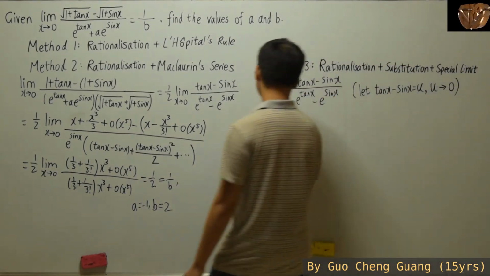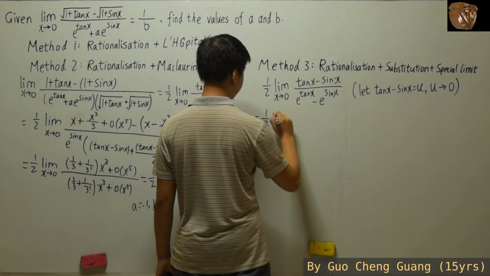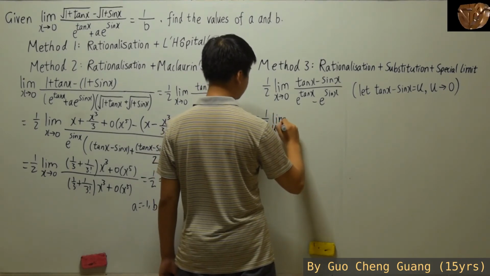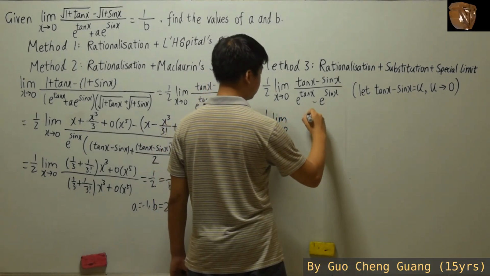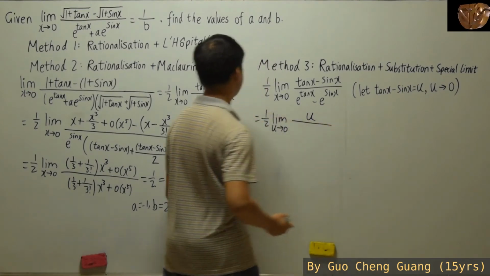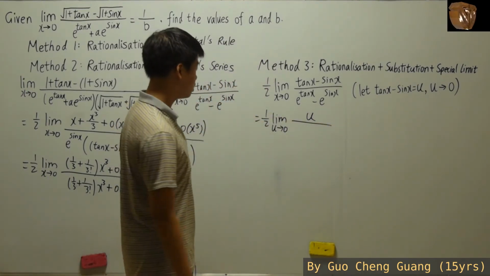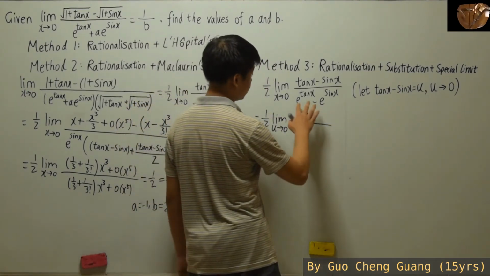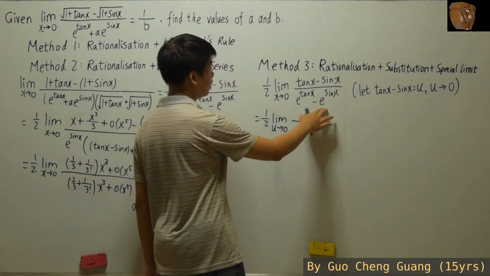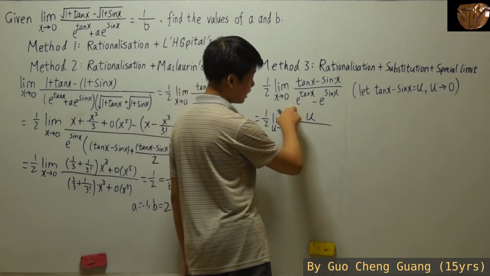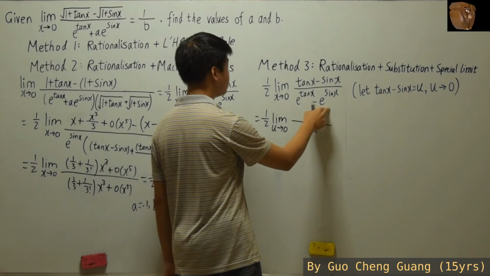Alright? So there's going to be half, limit u approaches 0. The numerator becomes u, but what happens to the denominator? So the denominator, originally you have this part, but then I can take out e to the power of sine x.